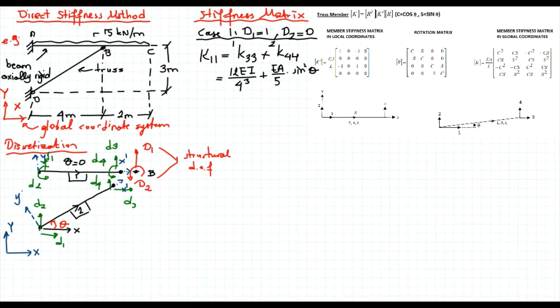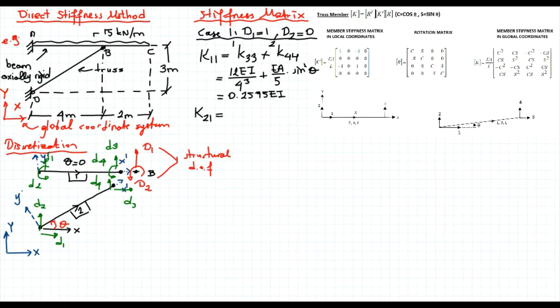When you evaluate that, that's equal to 0.2595 EI.